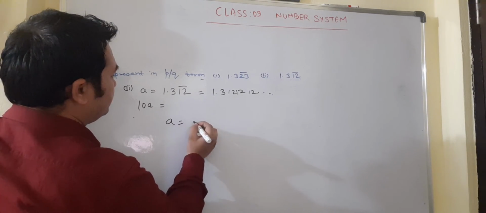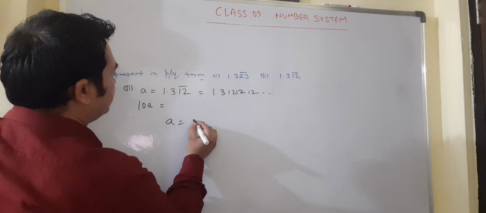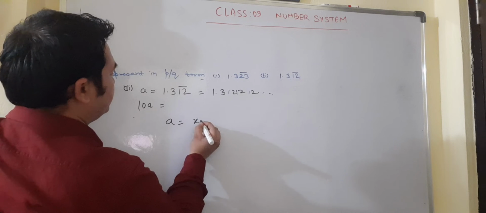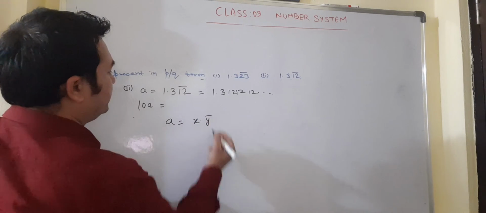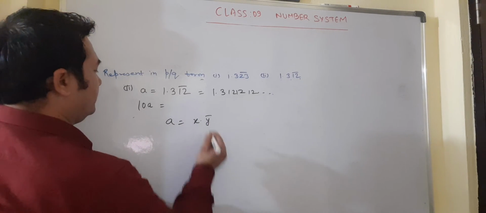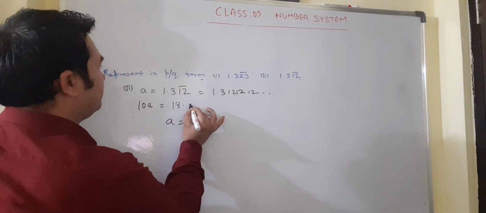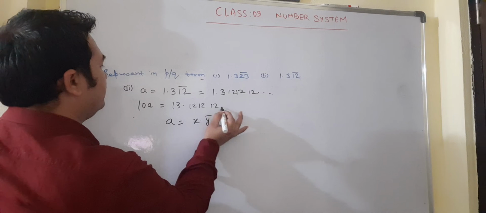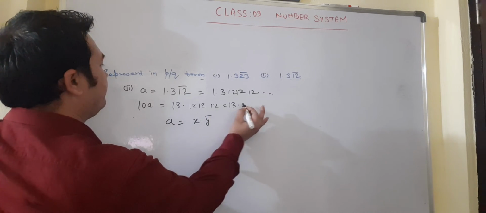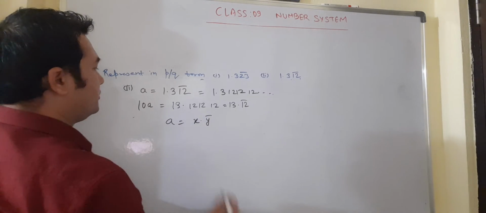In the normal case, what we were taking? x point y bar, this form. So if we multiply it by 10, we will get this form, 13.121212 and so on, that is 13.12 bar. So you have got this form.